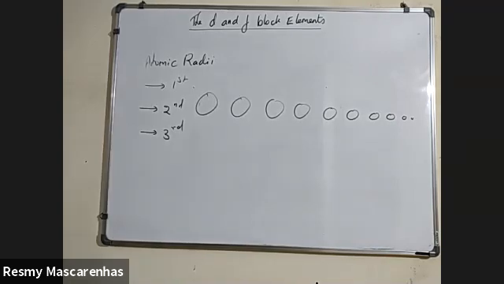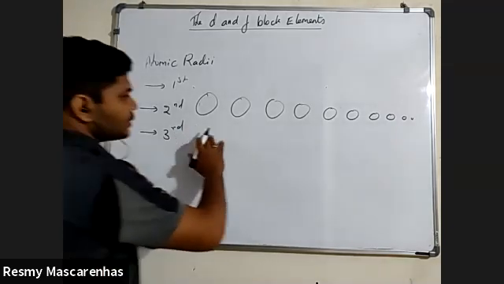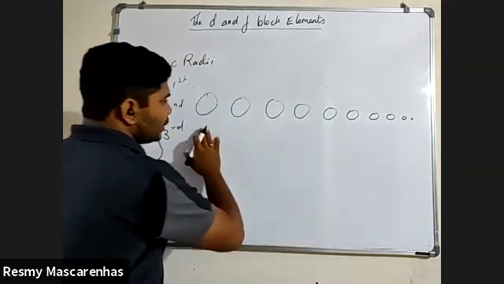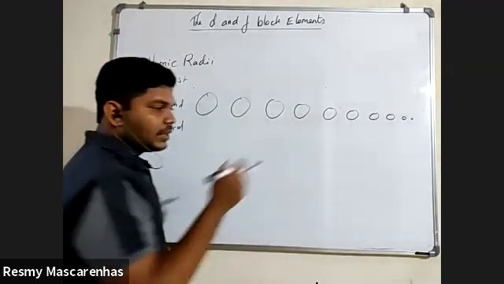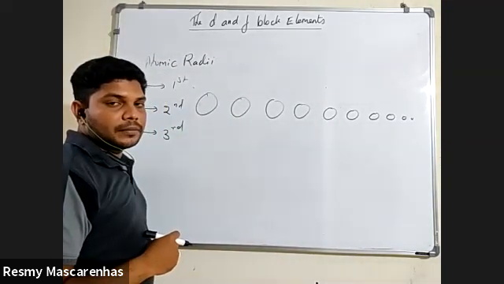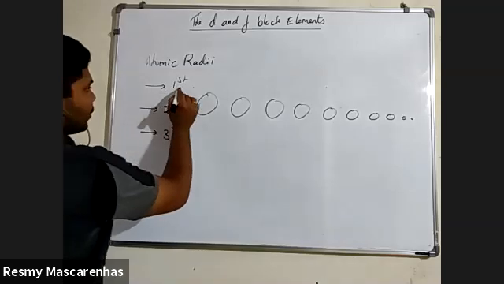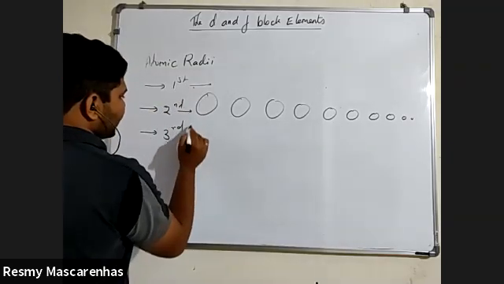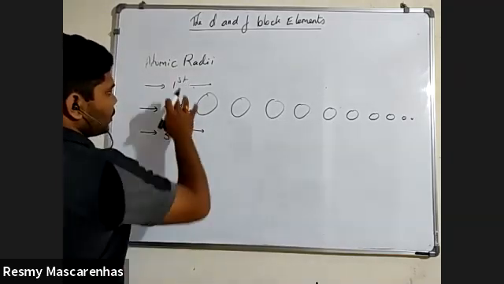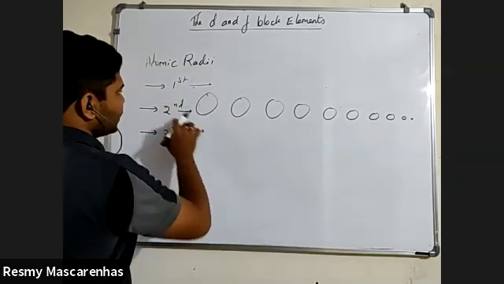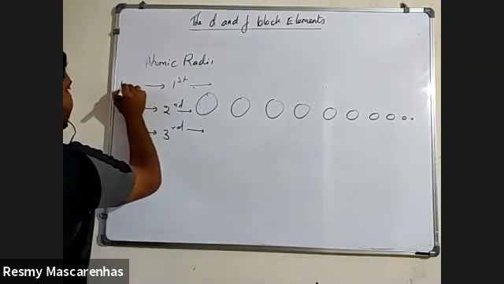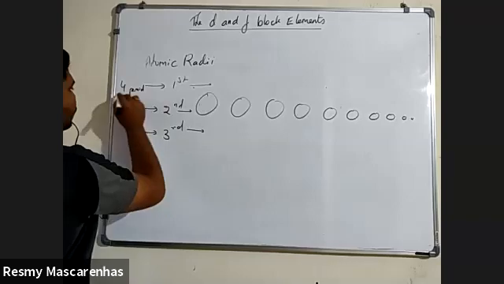Okay, so why is this happening, students? Why is this a trend from here to here, why does the atomic size decrease? What is the reason? More nuclear charge. Very good. Whether we are talking about the first series, second or third, you don't compare. If we are talking about the first series, this is the fourth period.